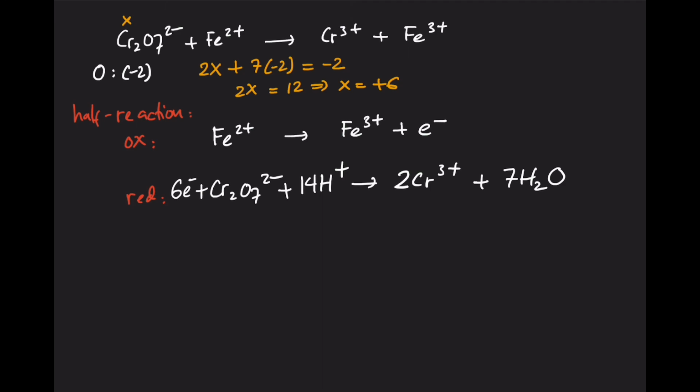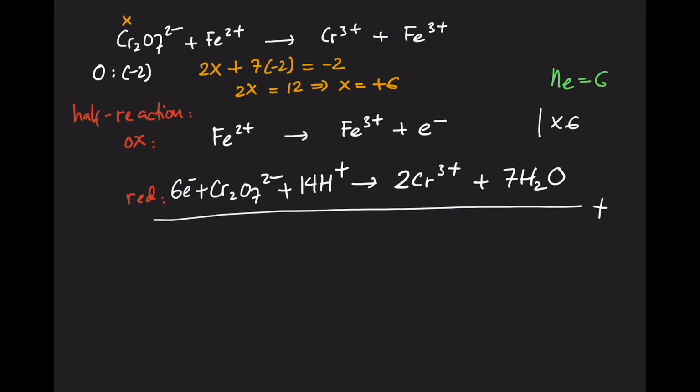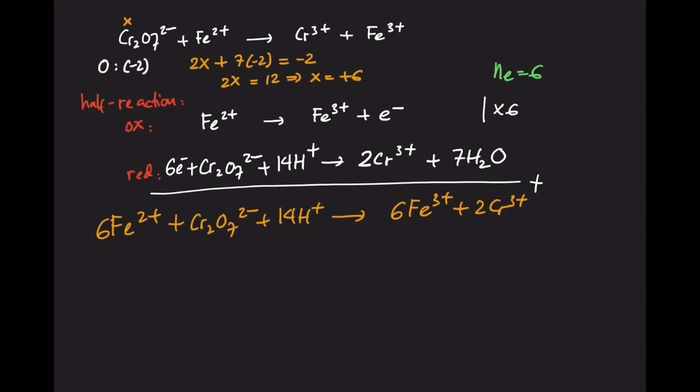Now to sum up these two reactions, we have to, of course, multiply the first reaction by 6, making the electron number here also 6. So 6 electrons will be transferred from the oxidation reaction to the reduction reaction. Therefore, we can write down our total reaction plus 7H2O.